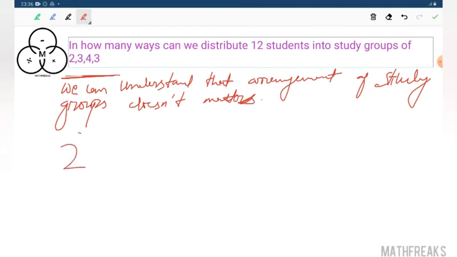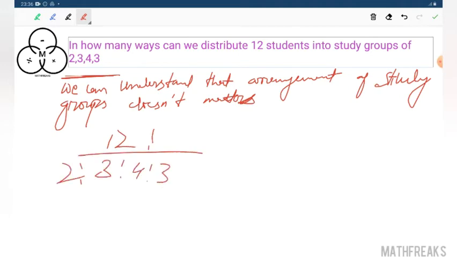Study group of 2 is before study group of 3. What does that mean? That doesn't have a practical sense. So it is simply 12 factorial over 2 factorial, 3 factorial, 4 factorial, 3 factorial.